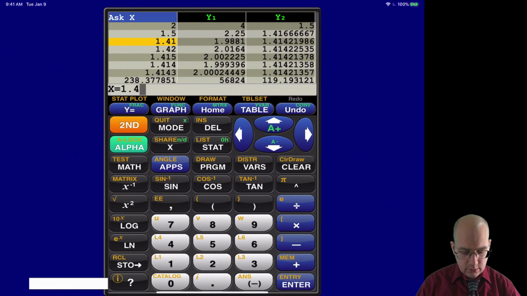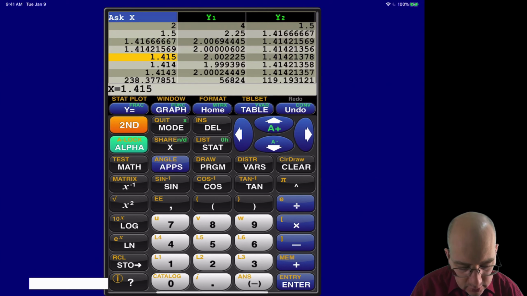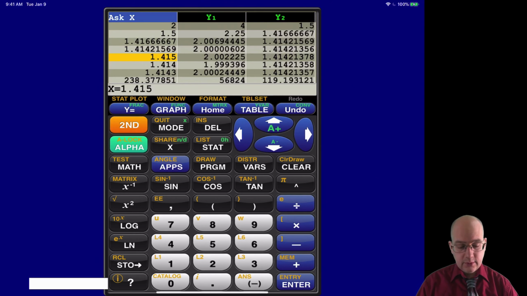1.41666667 or something. And so then that gives me a slightly better number, 1.4142. Let's try that, 1.41421569. There we go. Now I'm accurate to, like, what is that, 5 decimal places or something? And so now I try it again, 1.41421356.